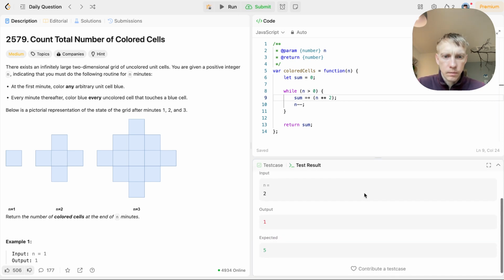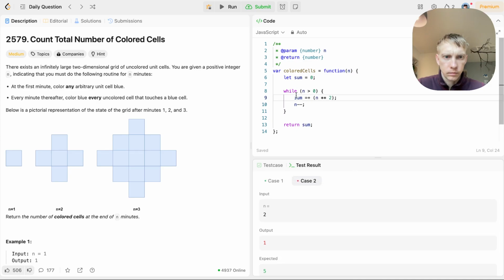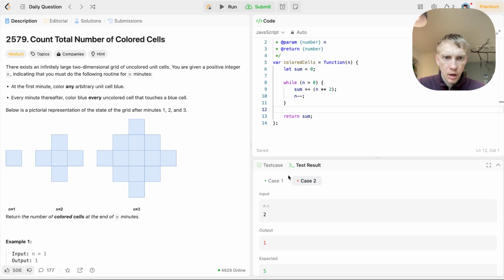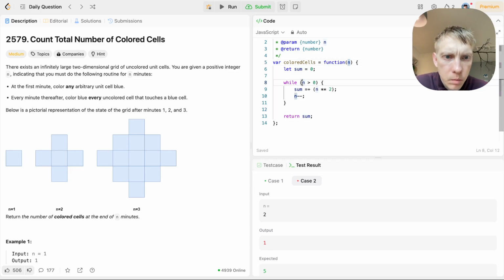Wrong answer. Okay, case 1, case 2. Okay, let's recheck. 2 is bigger than 0. 2 to the power of 2.